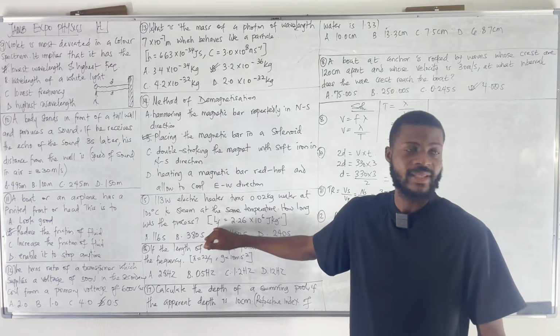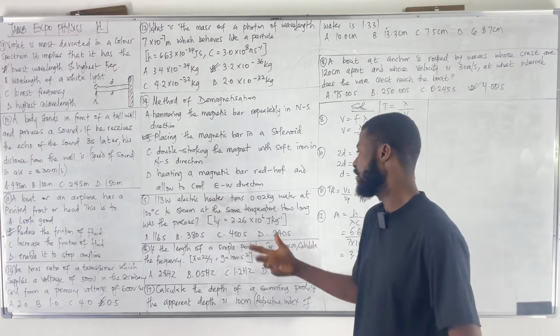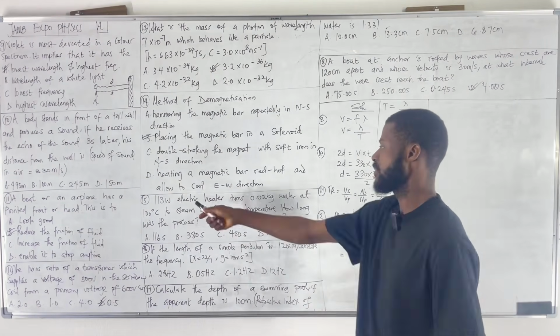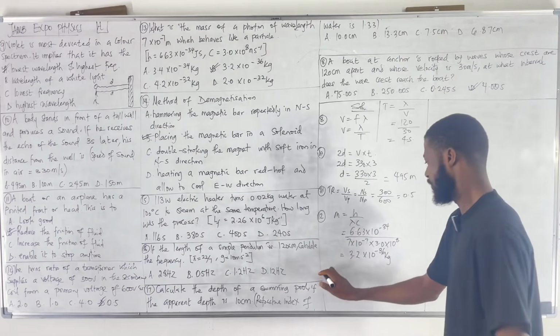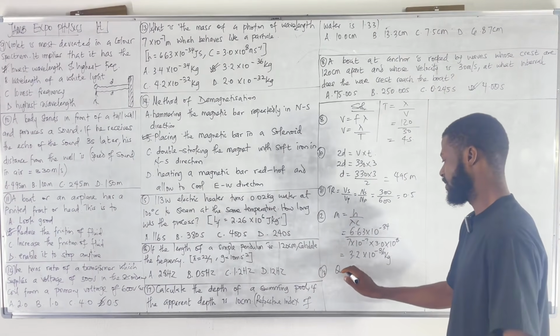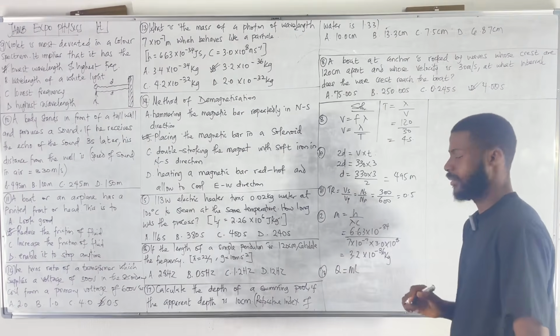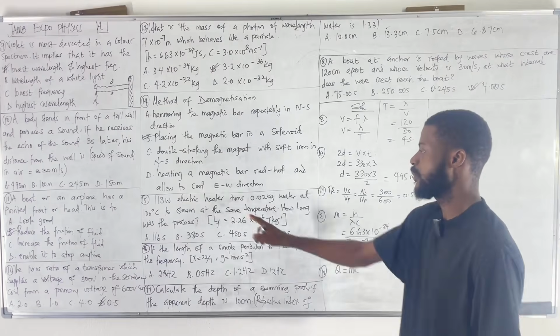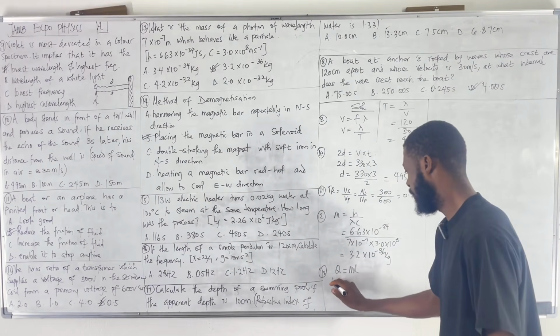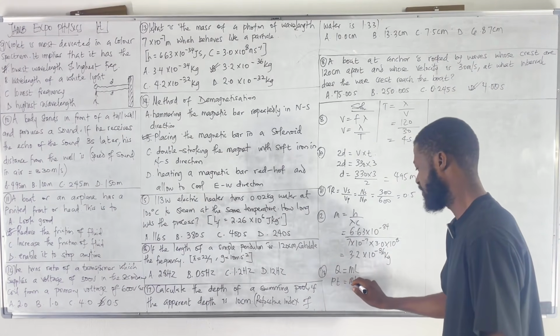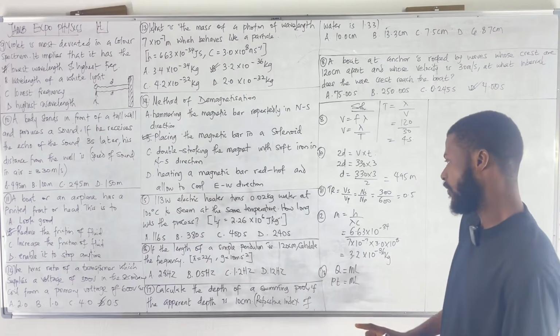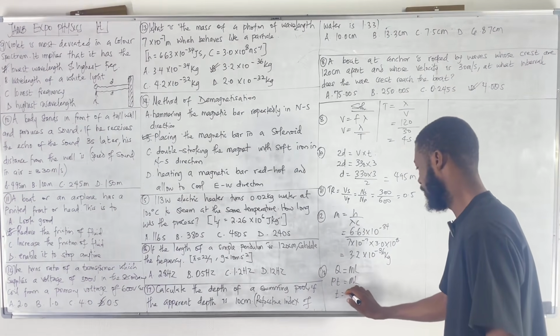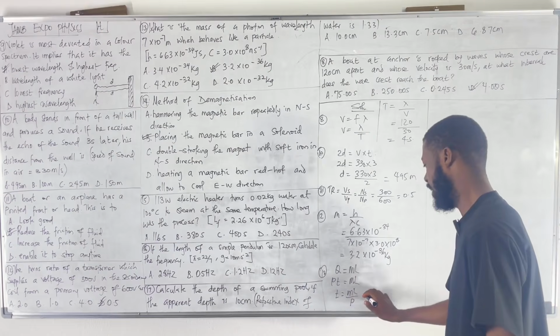In this case, since we're talking about electric, remember, as in question 13, the quantity of heat is always ml. But since we have an electric heater, the power times the time will give us ml. We're looking for time, so time will become ml over the power.